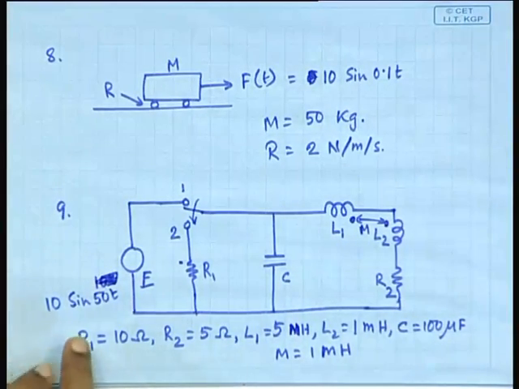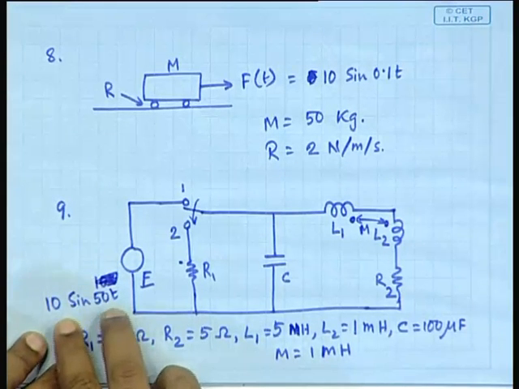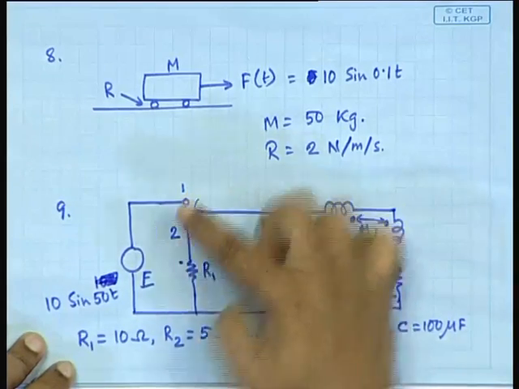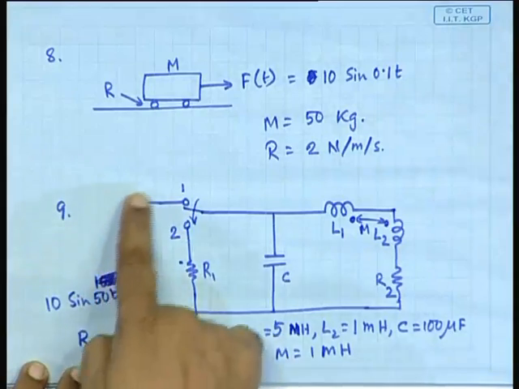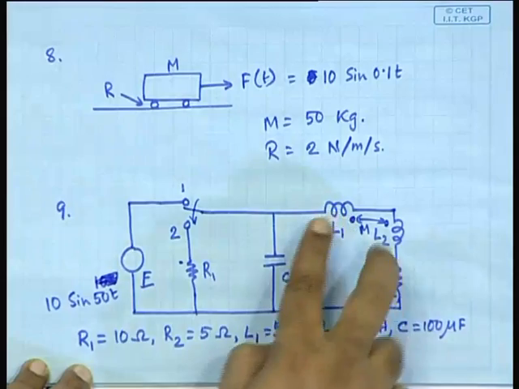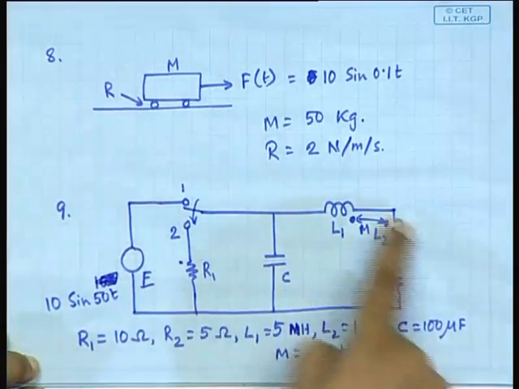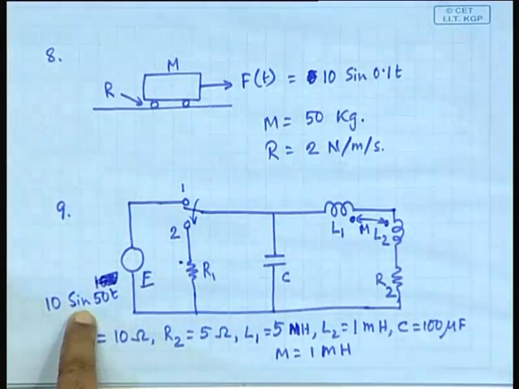The point is that the actual problem is where you assume it to be a sinusoidal source. When you have a sinusoidal source, then when it is at 1, what is the current flowing through this? It is an RL circuit with this L a bit complicated, but nevertheless that is trivial. So, you have got an RL circuit in which the sinusoidal voltage is applied.